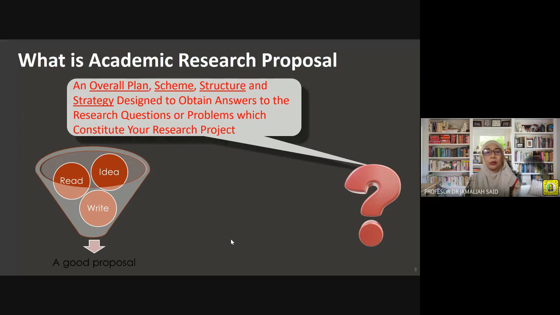So basically, a good research proposal should have a good idea. And of course, to get a good idea, you have to read a lot. Not only read a lot, because readers or examiners will not know how much you read until you convert what you have read into writing. So writing is crucial in preparing a research proposal.